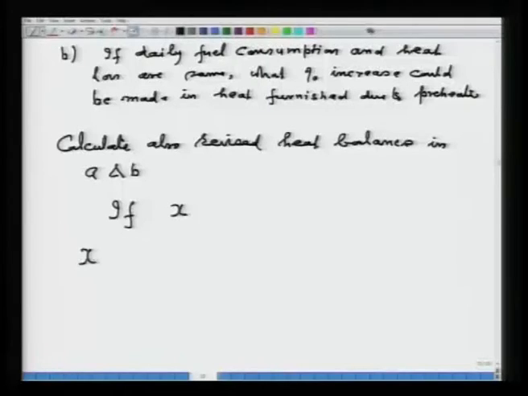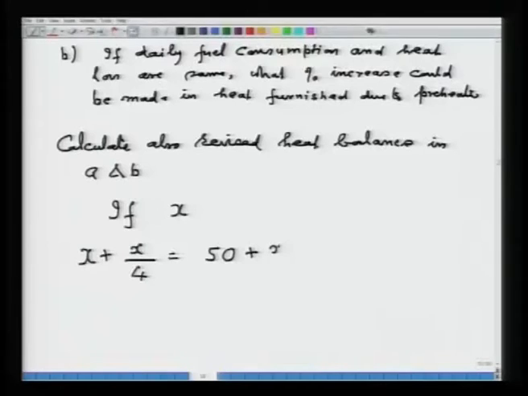Now my heat balance would be: input x due to fuel plus x by 4 from the preheater installation, equal to 50, because I have to keep the process requirement and heat loss the same, 25 and 25, plus x by 2, the heat taken by the flue gas.